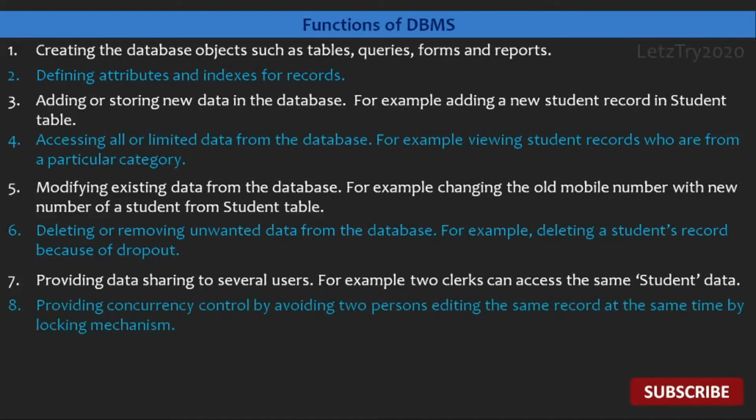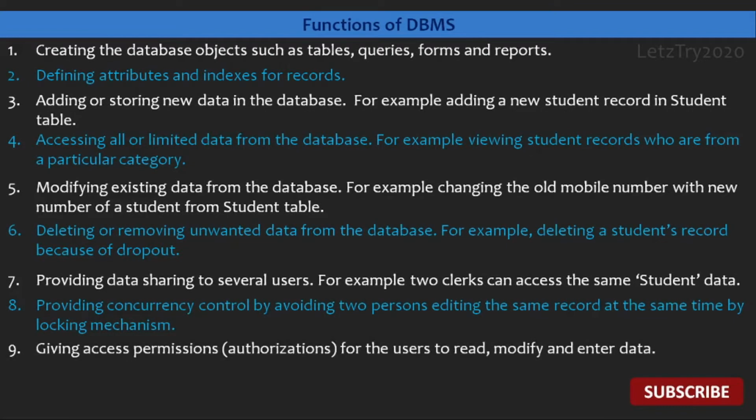Eighth one, providing concurrency control by avoiding two persons editing the same record at the same time by locking mechanism. Concurrency means the same database can be accessed by many users at the same time. Ninth one, giving access permissions or authorizations for the users to read, modify, and enter data.